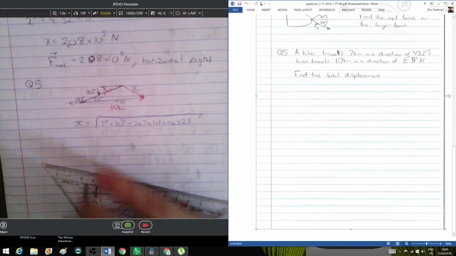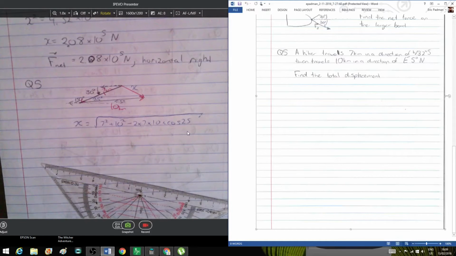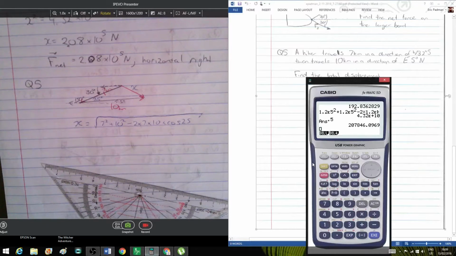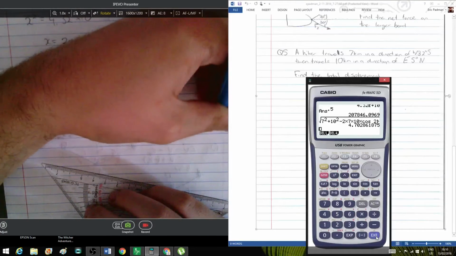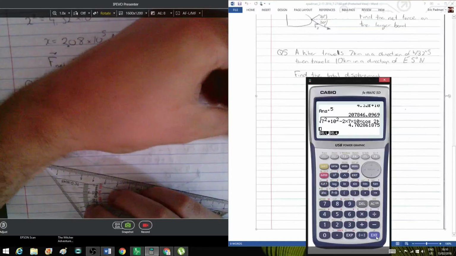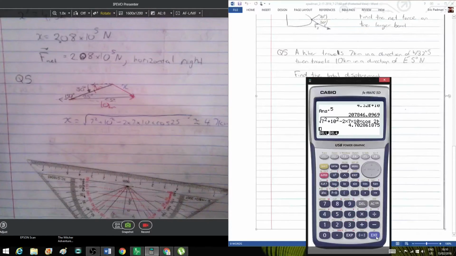Okay, let's see how that goes. About 4.7 kilometers. There we go.